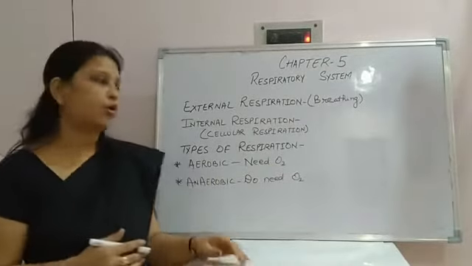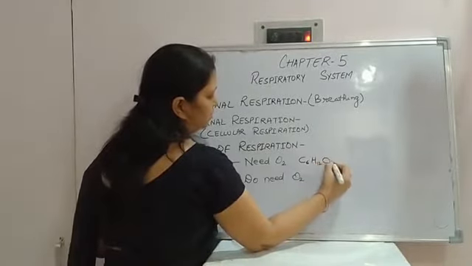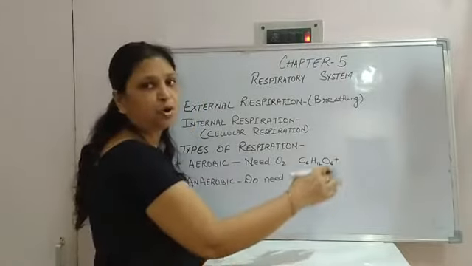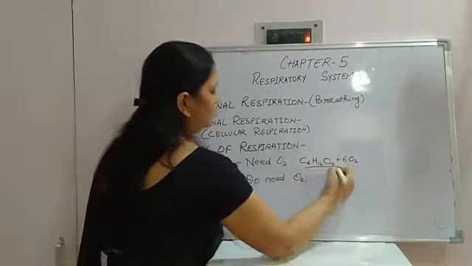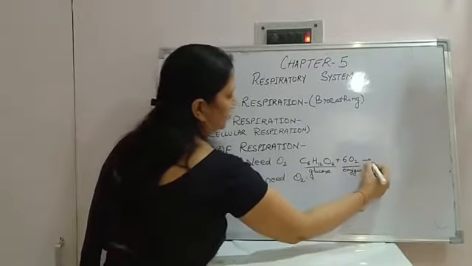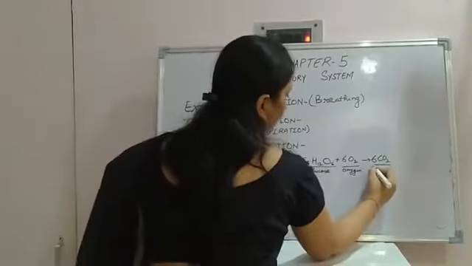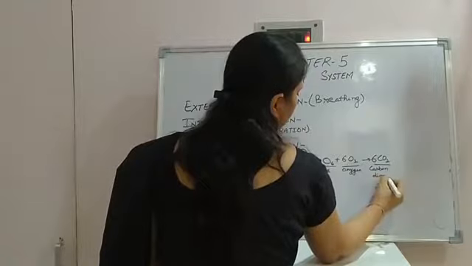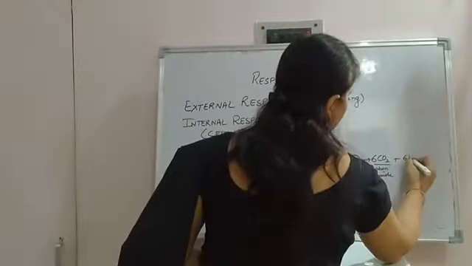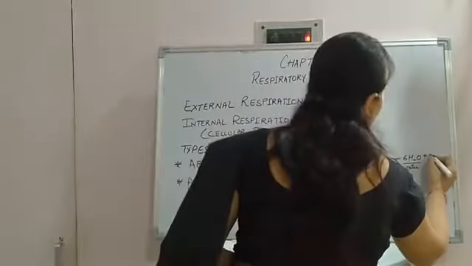The chemical equation of aerobic respiration is C6H12O6, this is glucose, in the presence of 6O2, oxygen, it gives you carbon dioxide, 6CO2, plus 6H2O, that is water, and it gives you a lot of energy, that is 38 ATP.